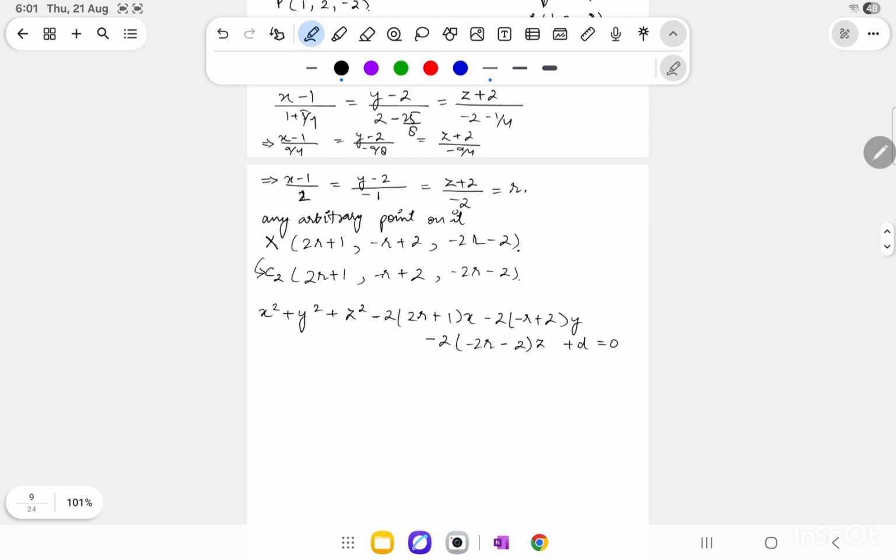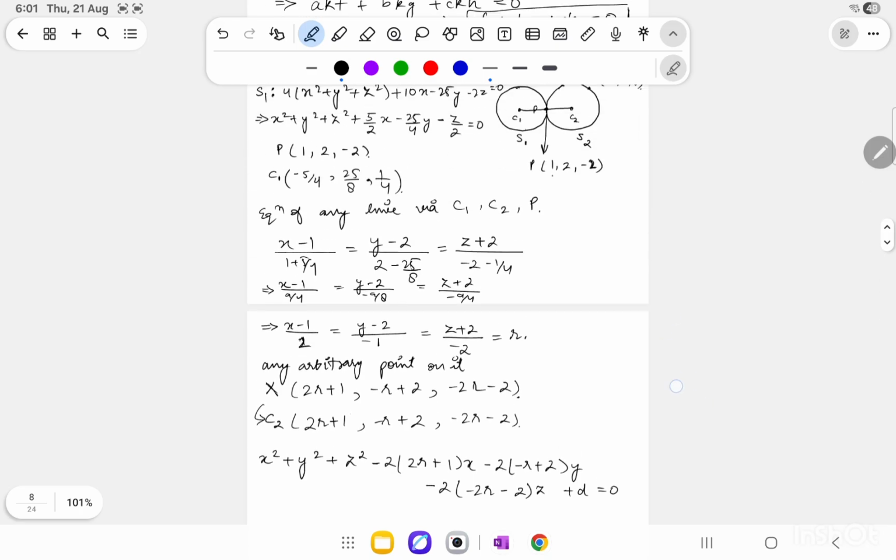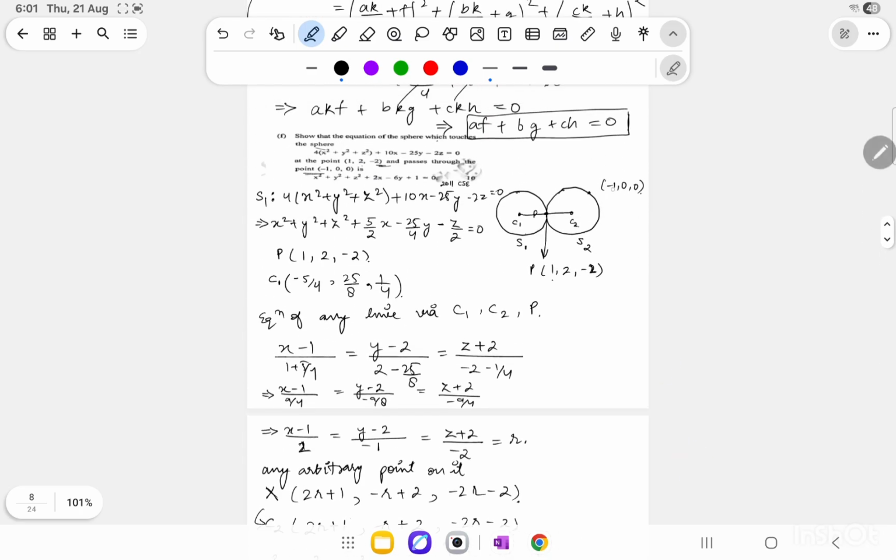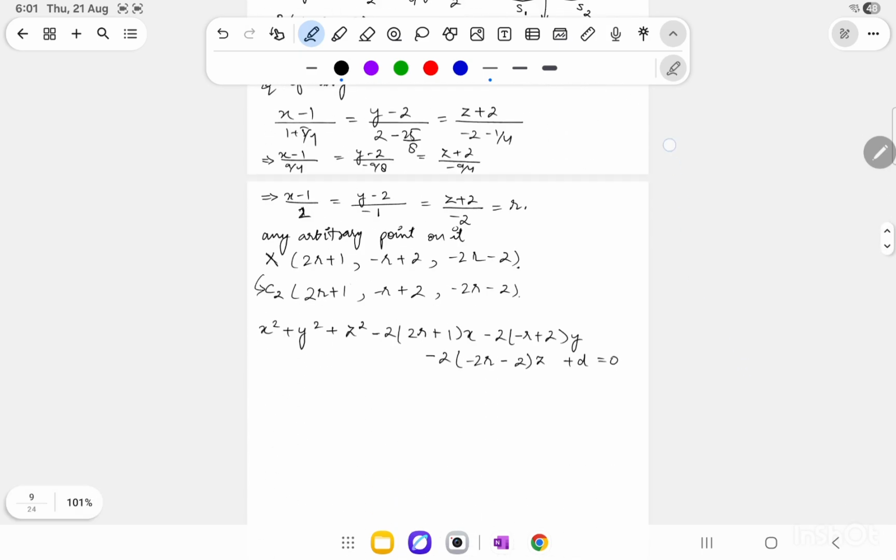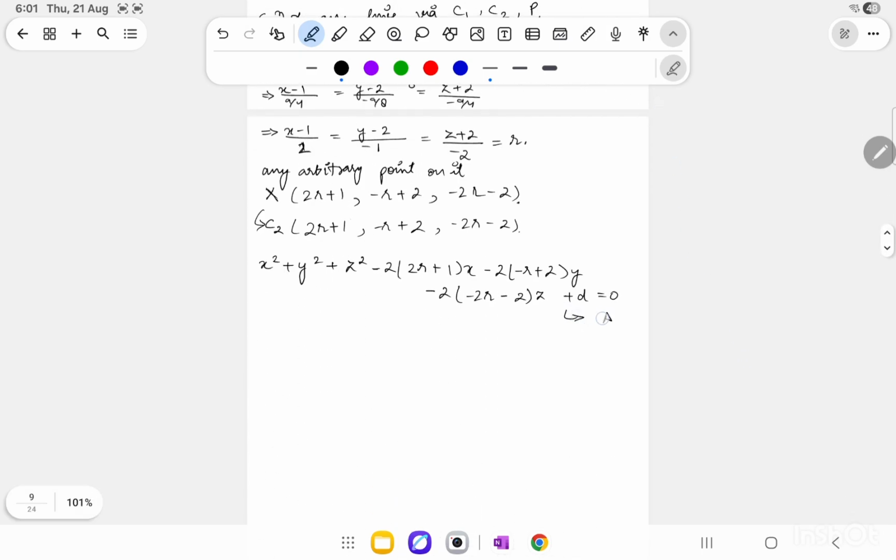So this is my equation of sphere S2. Further, this equation of sphere S2 is passing via point -1, 0, 0 and point P. Let's name it as star.